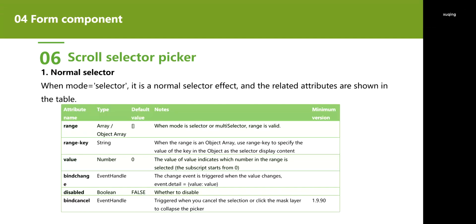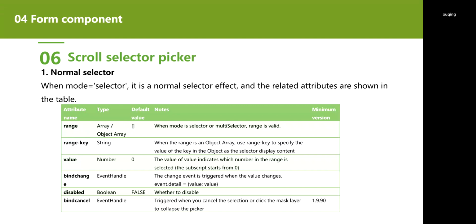Here for the first type, normal selector: when mode is selector, it is a normal selector effect, and the related attributes are shown here in the table. Range, with the type array or object array, its default value, and the explanation of this attribute.